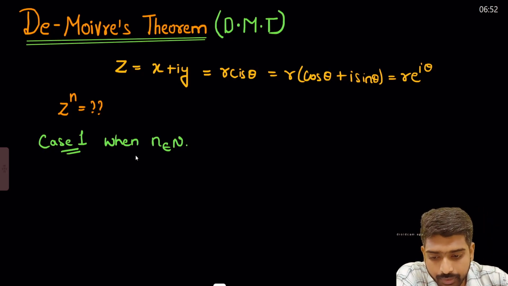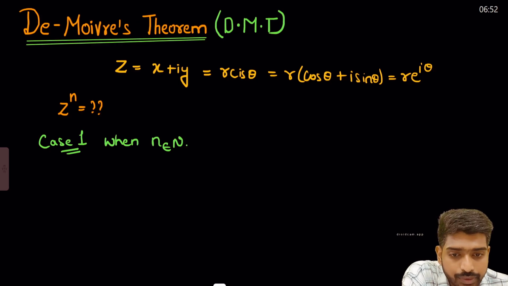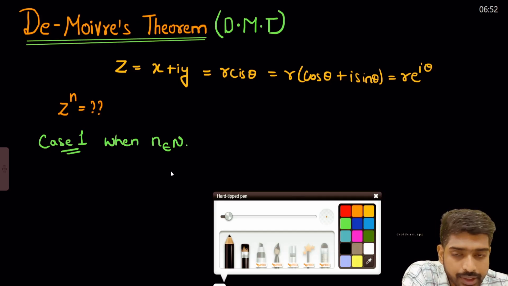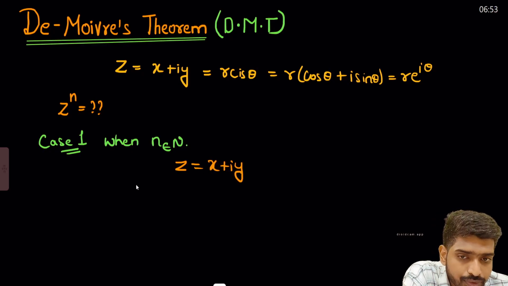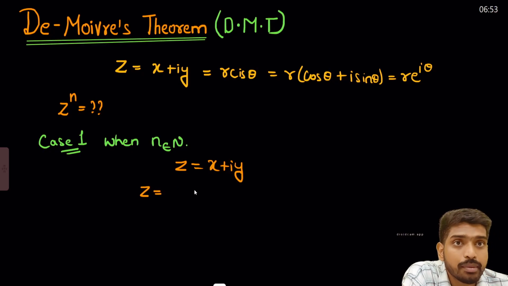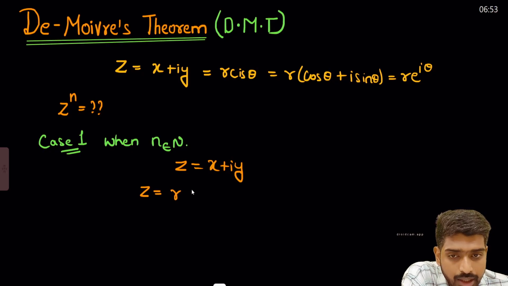Now, here what we'll do, suppose any complex number z is equal to x plus iota y. So first step is we'll convert this complex number z into polar form. Polar form means r cos theta plus iota sine theta.